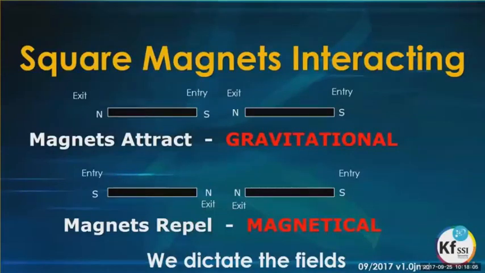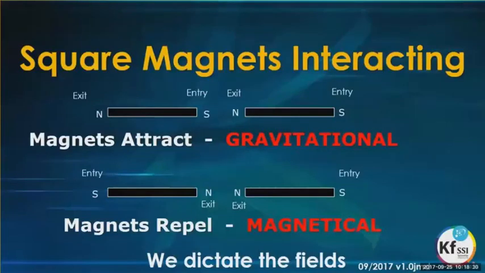So when you have two square magnets where the fields have been dictated in those metal magnets, where you'll have a north and a south, the entry point and an exit point, and so when you bring the north and south together, the magnets will attract each other, and that's what we would term as gravitational, because it's the pulling together.